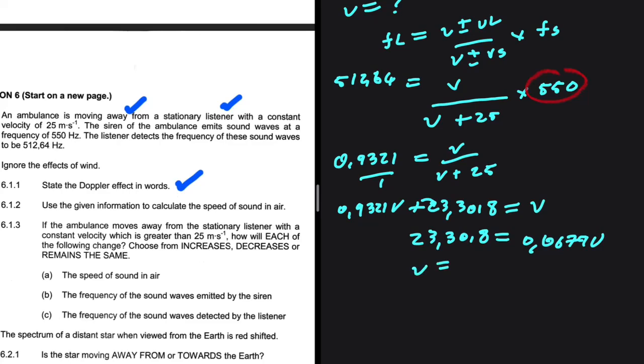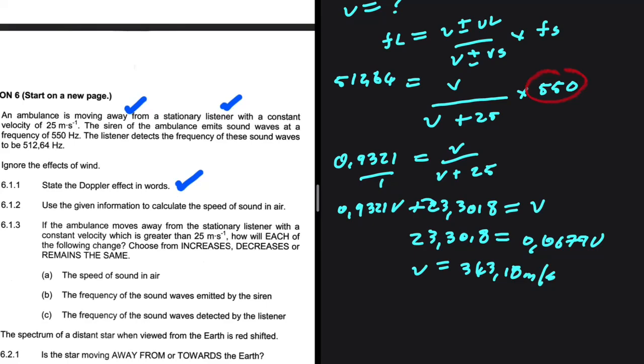I'm going to divide both sides by the coefficient of V, which is 0.0679. Okay, if I do that, I'm getting 343.18 meters per second.